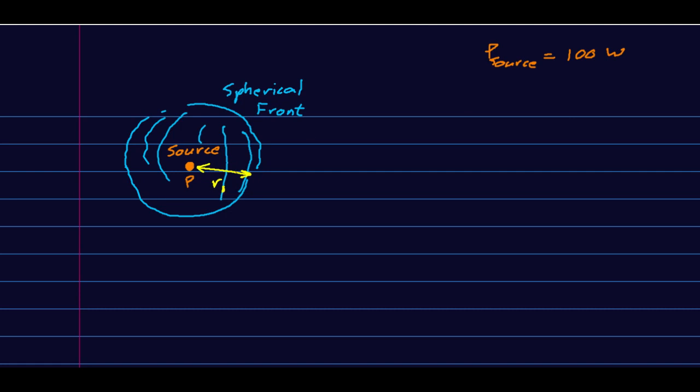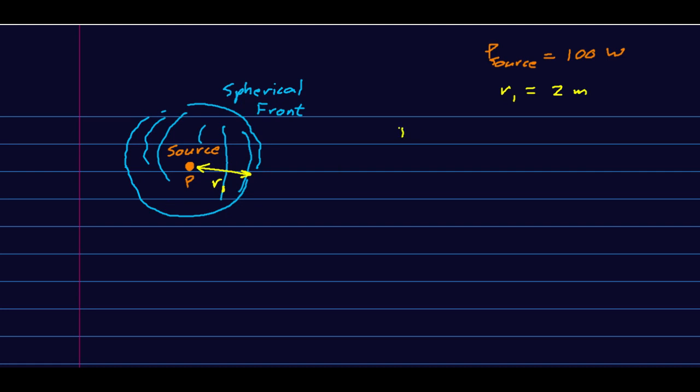And now here we are at some distance r1. And I'm going to say, why don't we make r1 2 meters. We're a little bit across the room from our speaker. So that tells us we can right away calculate the intensity, because however much power the speaker is emitting, on this front, that power is spread evenly over the area of this whole spherical front.